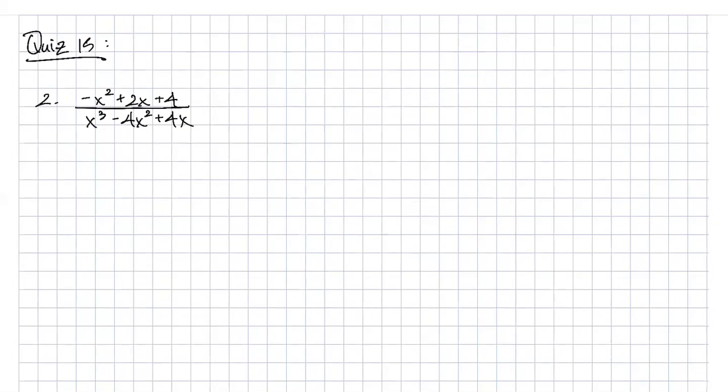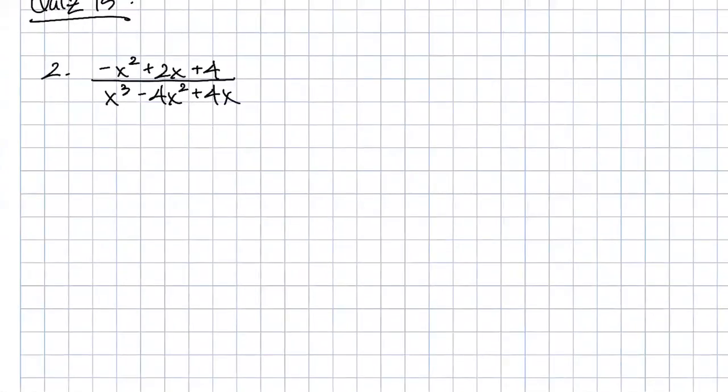Okay. So I would say that the first thing to do anytime you're looking at a partial fraction question is to go ahead and factor the denominator. If the denominator is not already factored, then we want to factor it. So step 1 is factor the denominator.